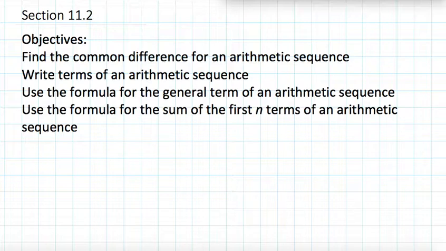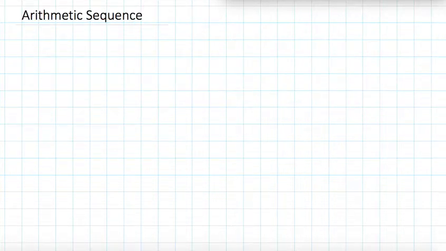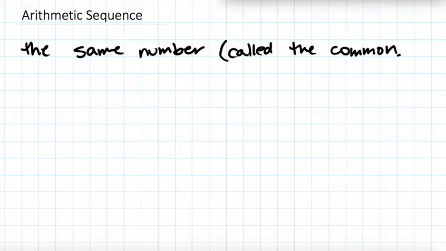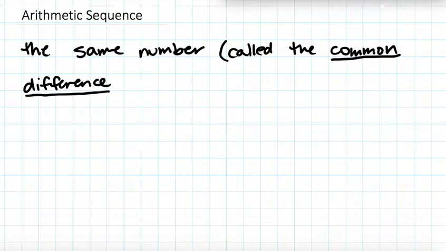So obviously this section is all about arithmetic sequences, and we need to start by defining what that is. In an arithmetic sequence, the same number, called the common difference, is added to or subtracted from each term to get the next term.